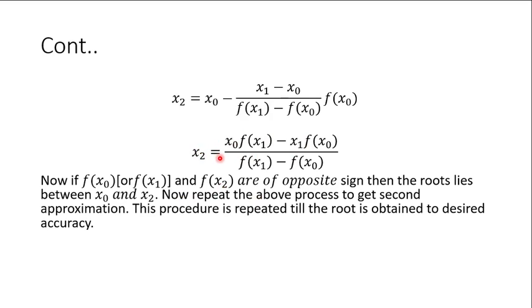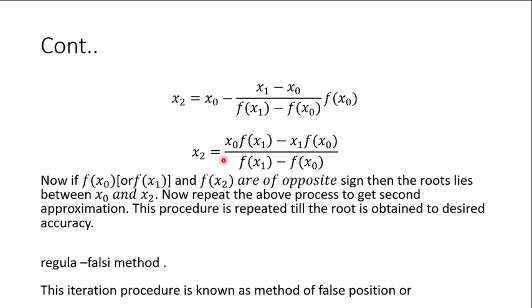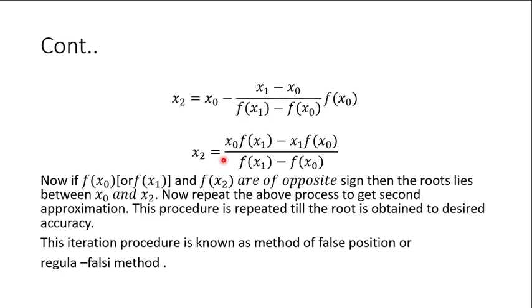The same procedure is repeated till the root is obtained to the desired accuracy. This iteration procedure is known as the method of false position or Regula Falsi method. This formula is called the Regula Falsi formula or Regula Falsi iteration process.